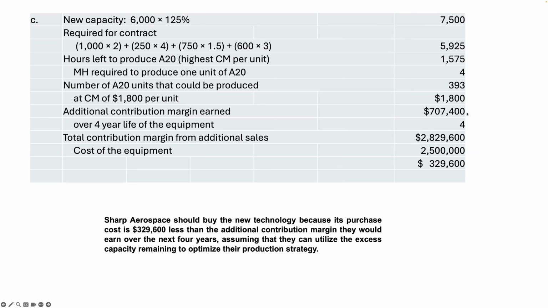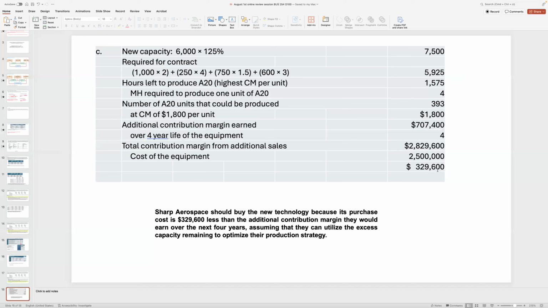And then multiply that by 4 years, the total contribution margin over 4 years is $2.8296 million. Your investment cost is only 2.5 million. So therefore, you have a net positive revenue here, 329,600. So therefore, this is the good strategy. They should buy the new technology.